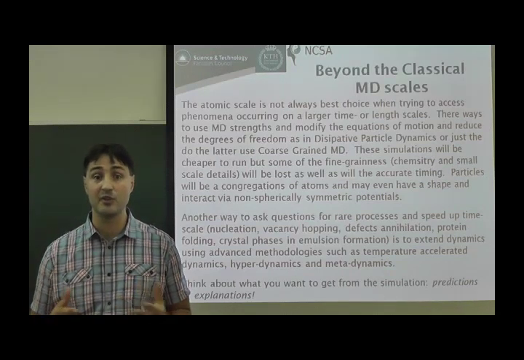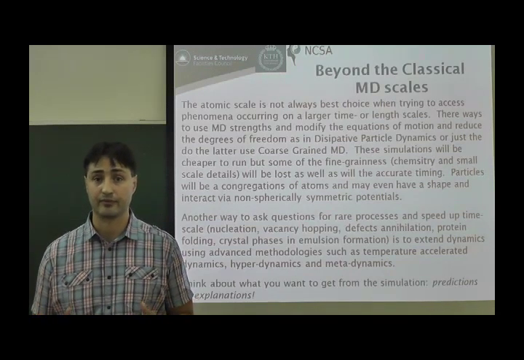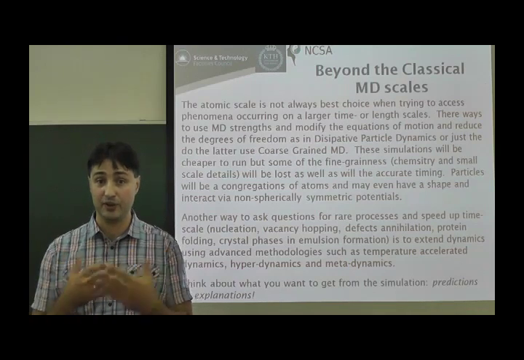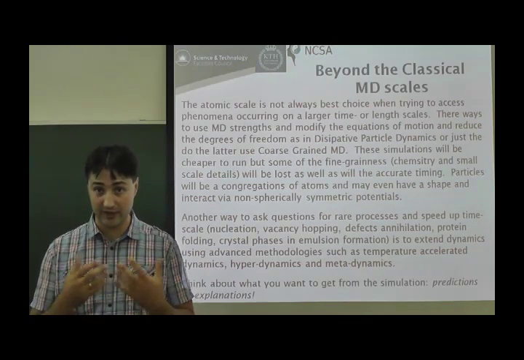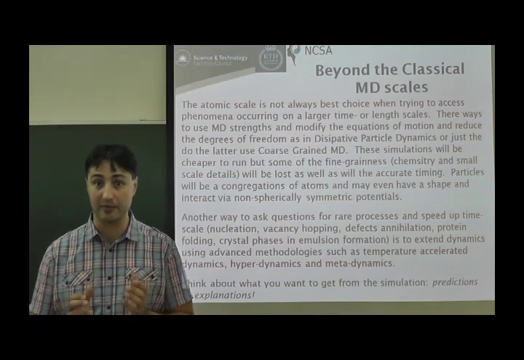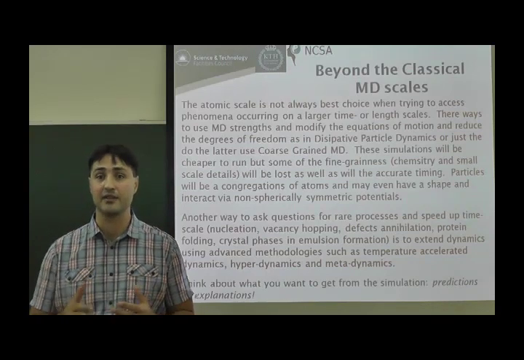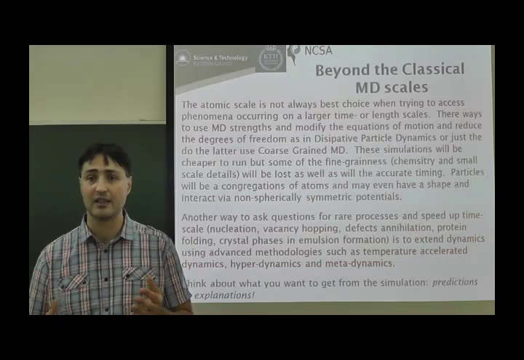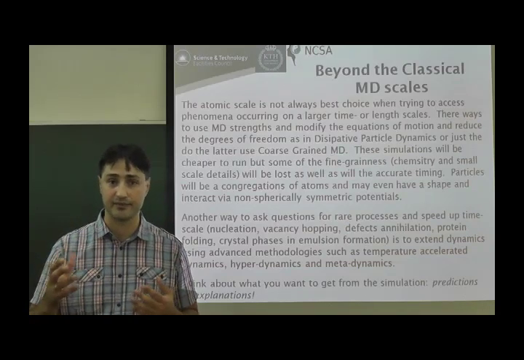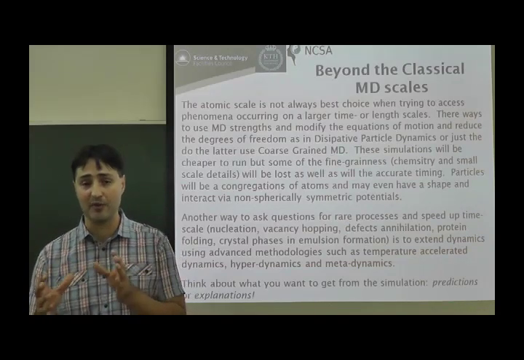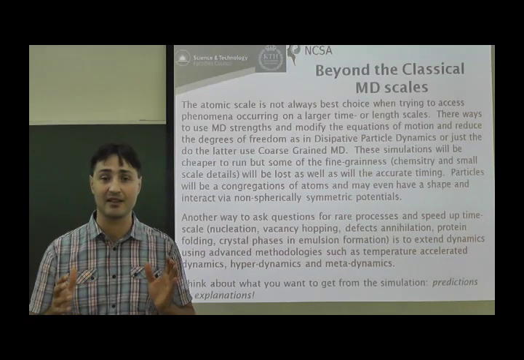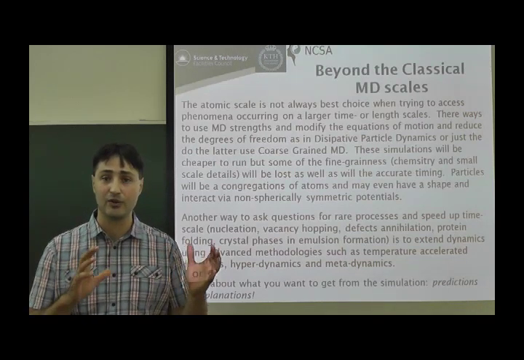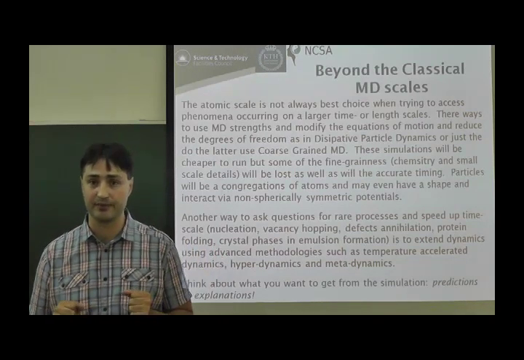These simulations will be cheaper to run because we have reduced the degrees of freedom that describe the system, but some of the fine grainness of the system will be lost. So some of the chemistry will be lost, some of the small scale details, but we compromise because we're looking at phenomena for which those small details are not important.